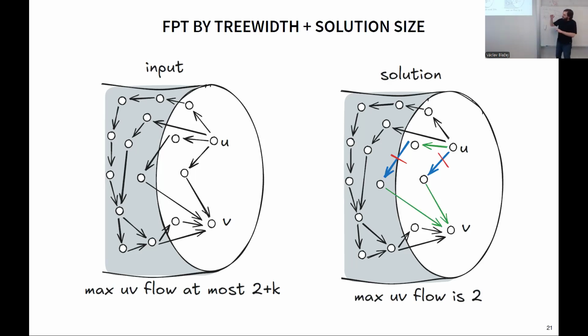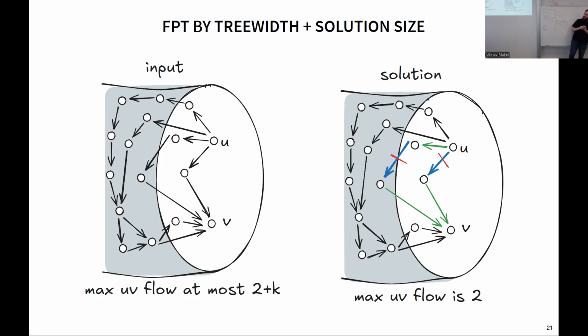Which means that if you compute it during processing of the treewidth, you know that the solution is in a small window around the maximum flow. And even if the imbalance is big, you know the resulting flow can't be too different from whatever it is on the input.